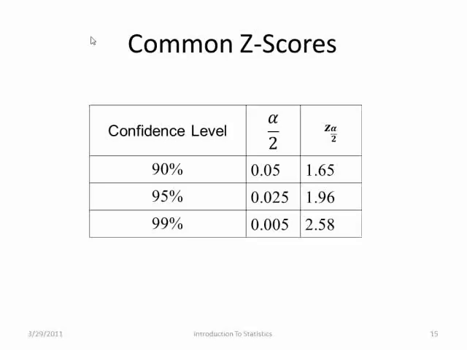Okay. The alpha over 2, notice the z-scores. If you're computing these, you might want to commit these to memory. So for a 90% confidence interval, it's 1.65. For a 95%, 1.96. Notice the empirical rule said that approximately 2 standard deviations is approximately 95%.